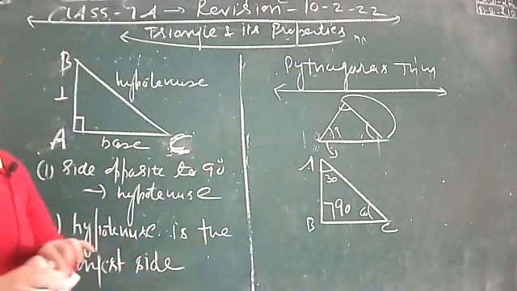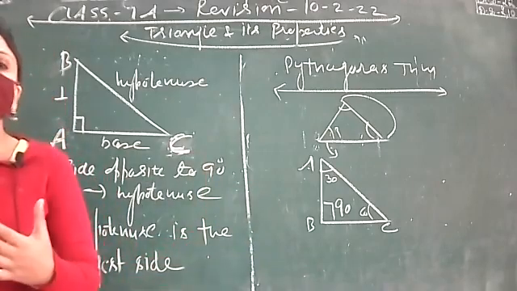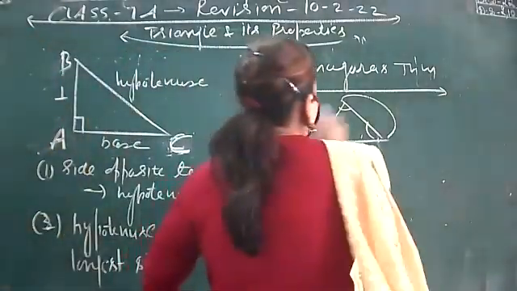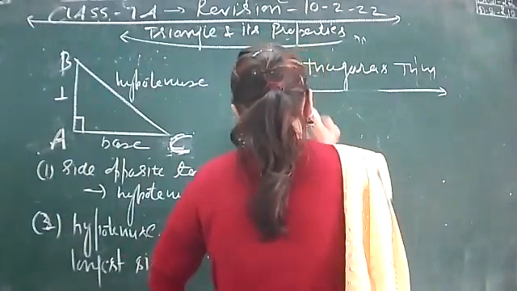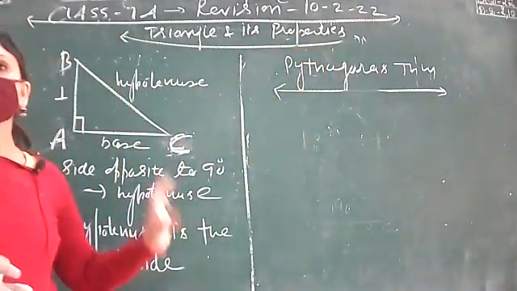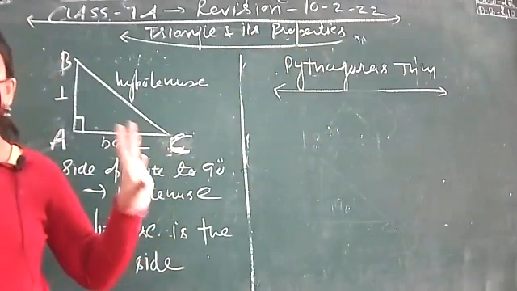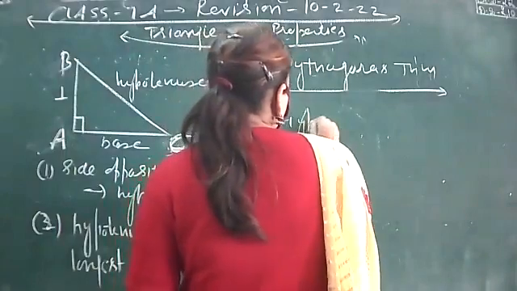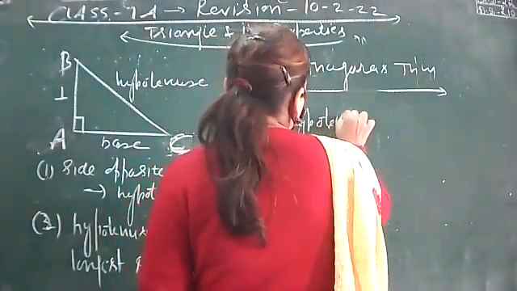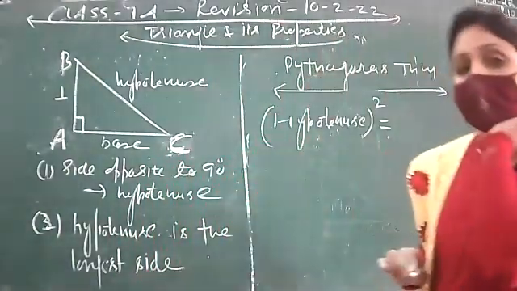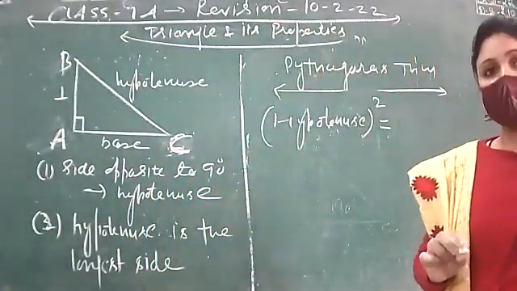Now we will see what is the implication and what is the result that we are doing on the basis of Pythagoras theorem. According to Pythagoras theorem, square of the longest side of a right angle triangle, that is hypotenuse, is equal to the sum of the squares of the remaining sides.